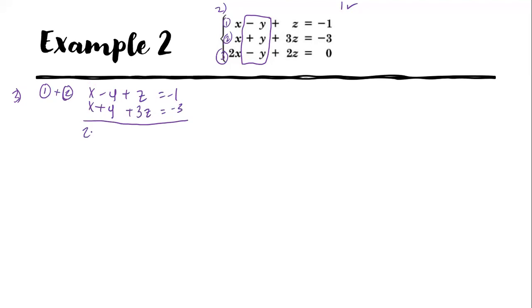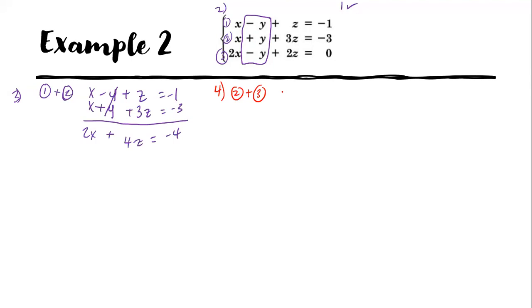And it gives me 2x, and my y's are going away like I planned, plus 4z equals -4. Okay? Step 4, I'm going to do the same thing, but with 2 different equations. So step 4, choose the other 2. So this time I'm going to do 2 plus 3.